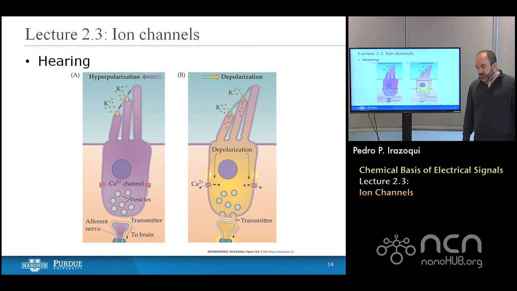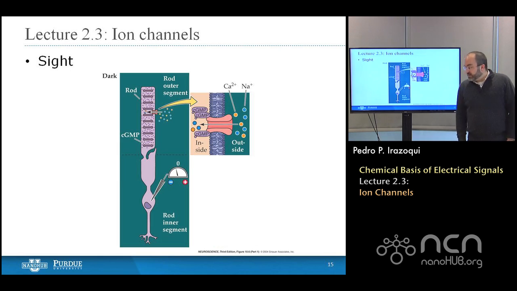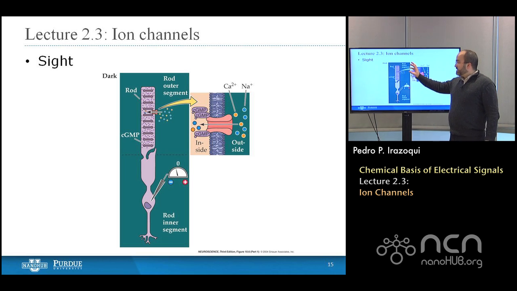A final type of ion channel that I'll talk about in this lecture are those involved with sight. So you have rods and cones inside your eyes, and those rods and cones respond to light, and they respond to light and to darkness by a cascade that involves these ion channels. So you have this effect where darkness leads to elevated levels of cyclic GMP.